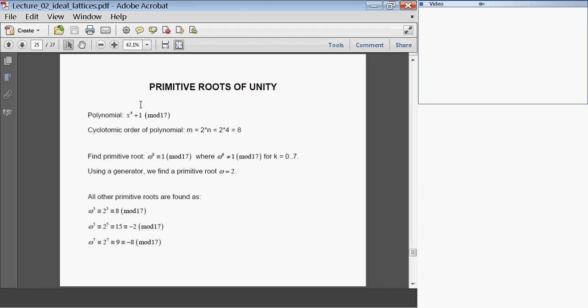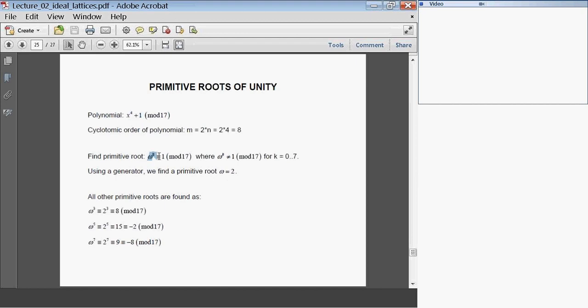So in this particular case, for the polynomial that we're looking at, x taken to the power of 4 plus 1, the order is actually 8, and we'll look at some examples why it's that way. But the order of these polynomials, in this case, is always a power of 2, and the polynomials themselves are formulated as x taken to the power of 2 plus 1 as well.